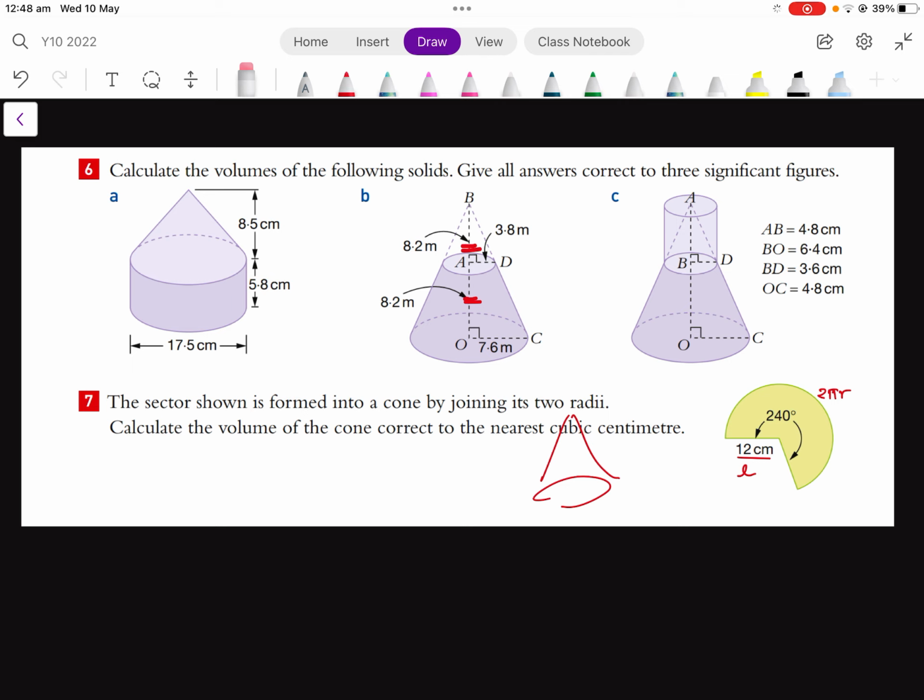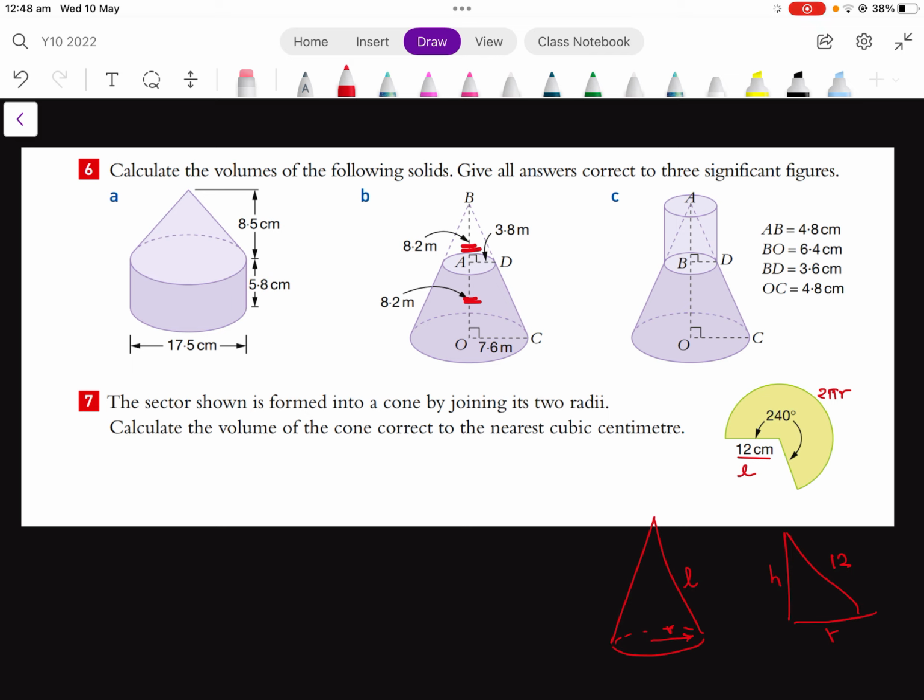If I try and draw this cone correctly, this is going to be my r, right, and this is my slant length. So my slant length being 12, r is not known, I need to find the h. Do I know the r?